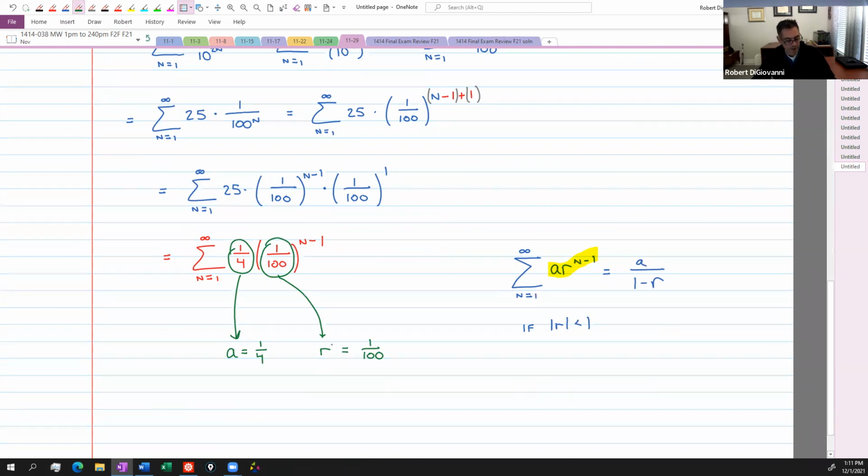And notice that if you take the absolute value of this, it is less than 1. And since it's less than 1, we know that there's an answer to this. The answer is that this sum adds up to be A over 1 minus R. So for us, A is 1/4 over 1 minus R, but R for us is 1/100.